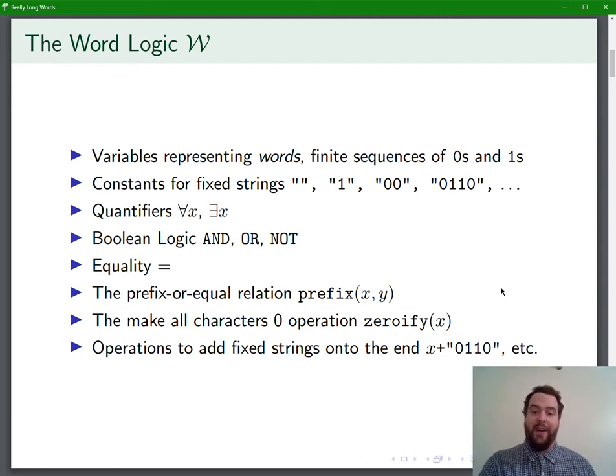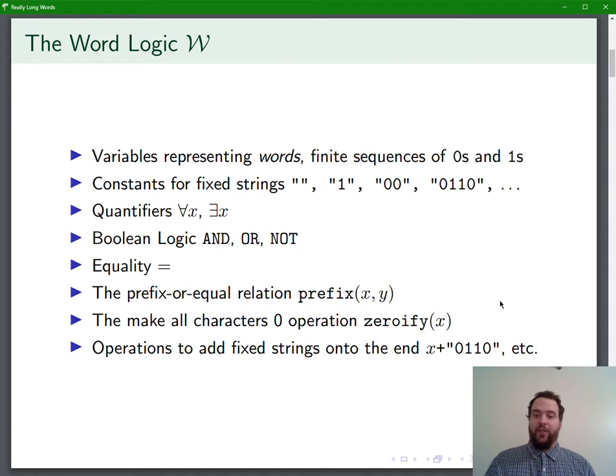But if we have a fixed, constant string, we can tack that onto the end of a string x. That is allowed, but taking two strings and concatenating them together is not part of the language. We specifically can't talk about that, and we really want that out of the language, because if we can talk about concatenation, the language gets too powerful and too hard to analyze.